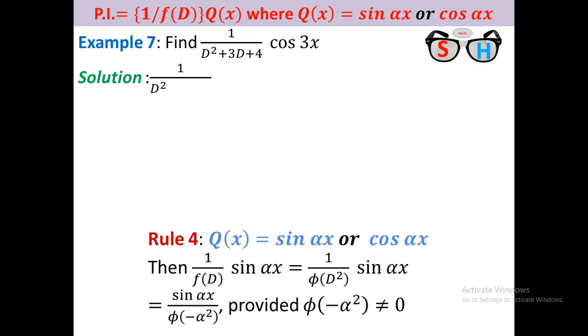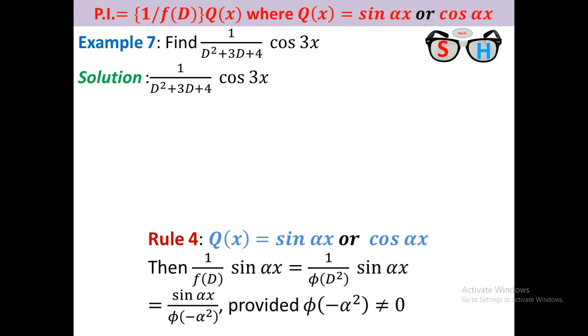Then we multiply the numerator and denominator of the operator by d square minus 3d plus 4. That is, you have to multiply by an expression obtained by changing the sign of the odd powers of d. Here the odd power of d is only d. If there were d cube, then you would also have to change the coefficient of d cube.